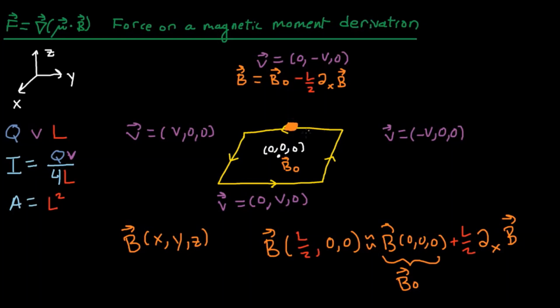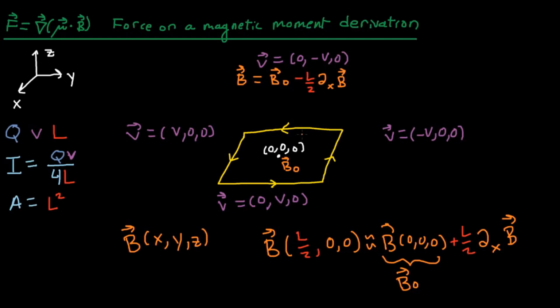But actually, because L is small, we can take that to be the value of the magnetic field on this whole segment. The reason is that if we figure out what the magnetic field is here, we can do another Taylor expansion to figure out what it is for any point on this segment. But that'll be another order higher in L, so that'll actually be second order in L. And we only want to keep the first order in L here.